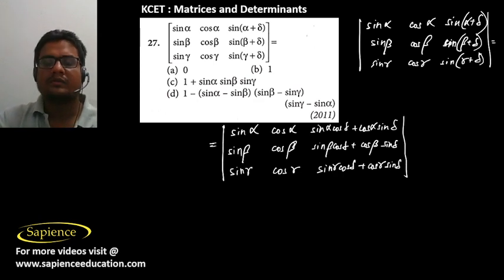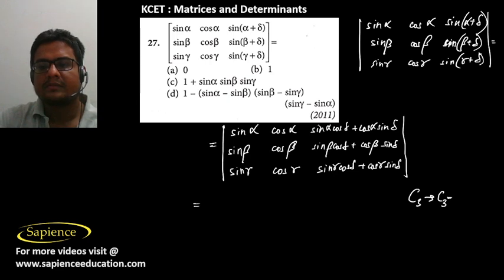So what we can do is C3 goes to C3 minus cos delta into C1 minus sin delta into C2.